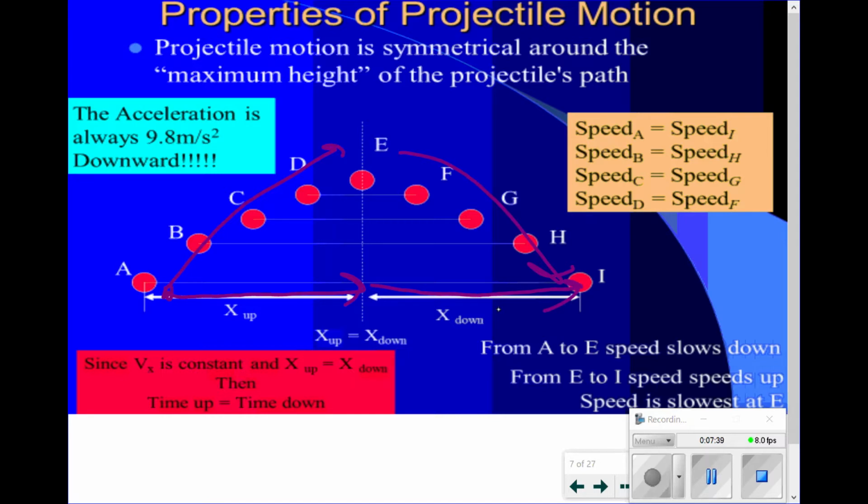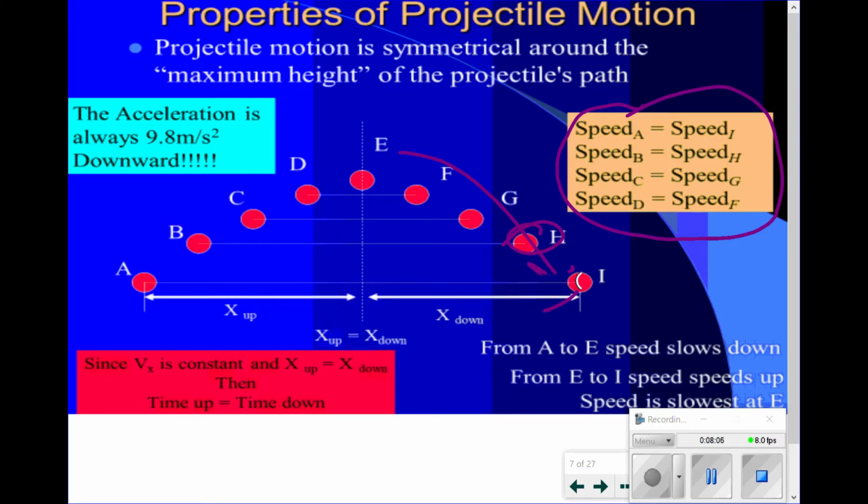Also, just like with an object thrown straight up and straight down, we have symmetry of speeds. We also have symmetry of speeds for the projectile, where the speed at any given height is equal to the speed on the way down at that same height. Please notice I'm saying speed and not velocity.